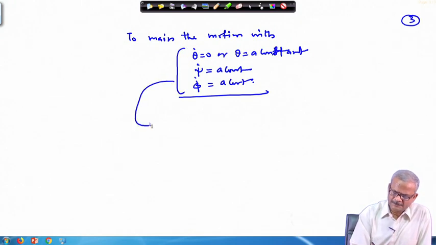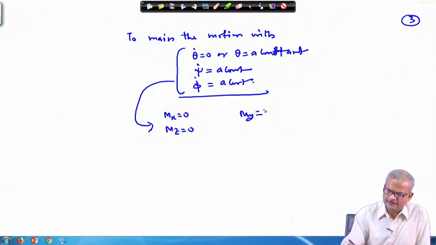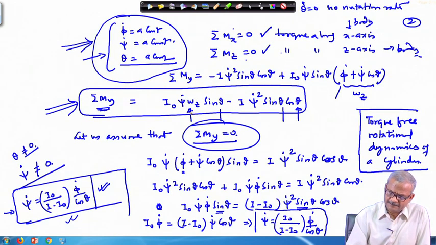So, under this assumption what we are getting is M x equal to 0, M z equal to 0, and M y is given by this expression which is written here.